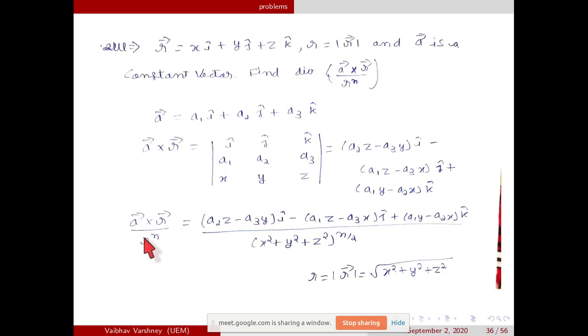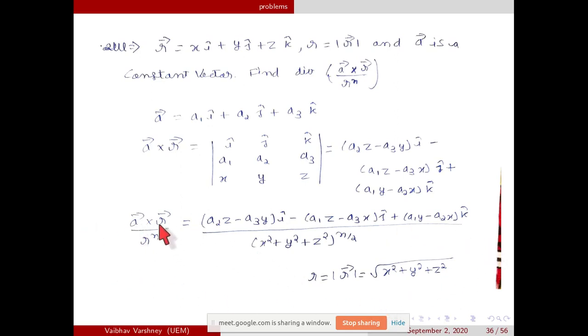So if you put the square root of x square plus y square plus z square in place of R, you will get x square plus y square plus z square की power n by 2, and I have written that magnitude of R is equal to root x square plus y square plus z square. Any problem till this point?